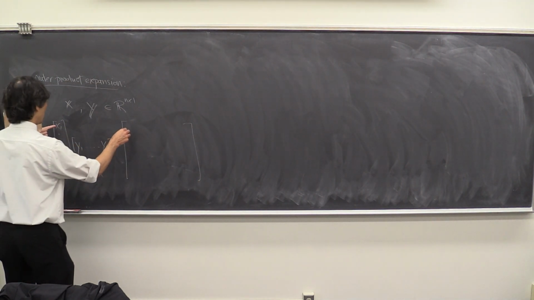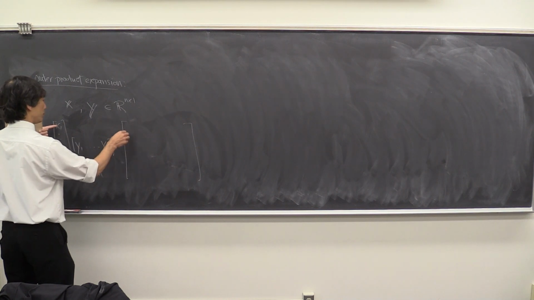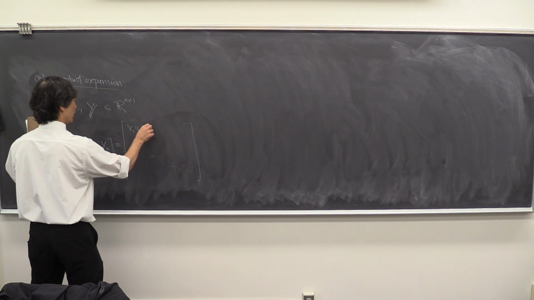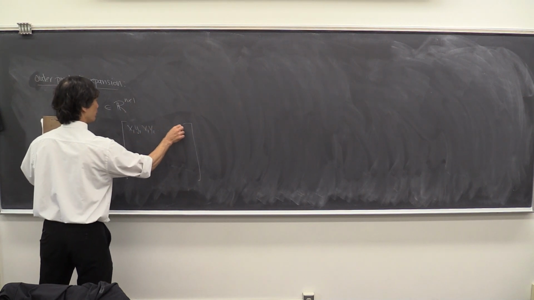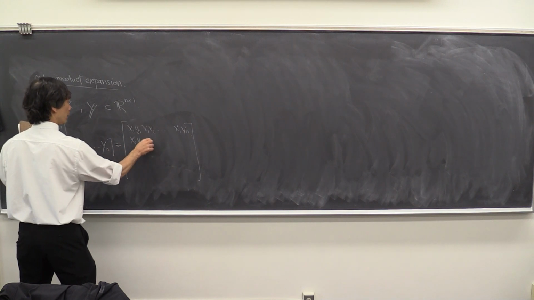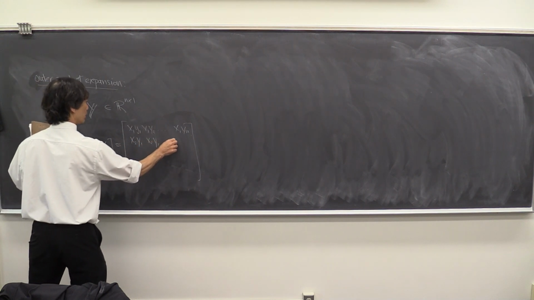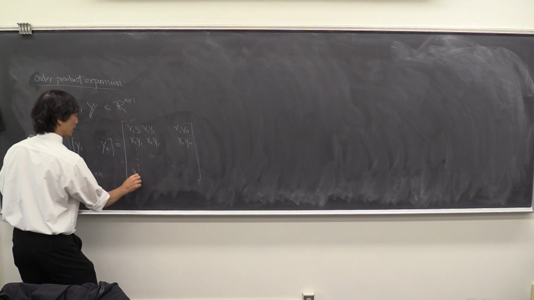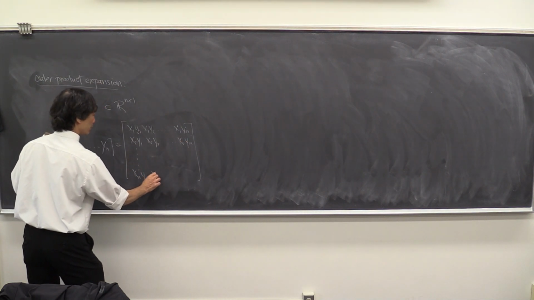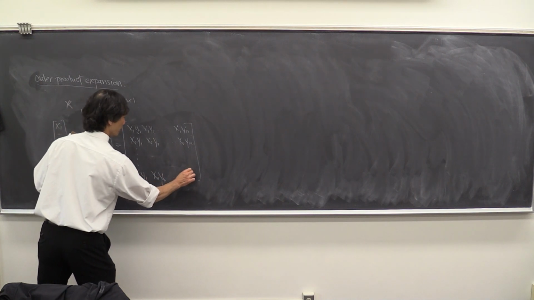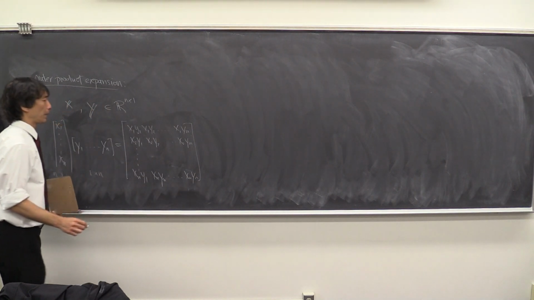You get x1 y1, x1 y2, through x1 yn, then x2 y1, x2 y2, through x2 yn, down to xn y1, xn y2, through xn yn.